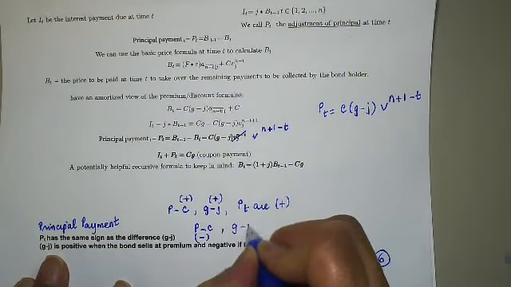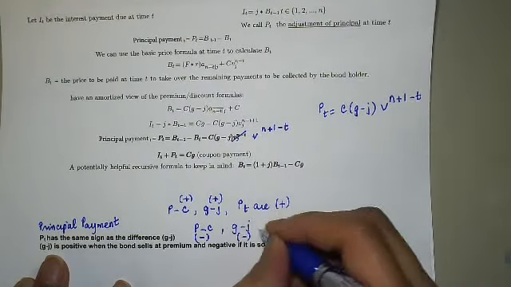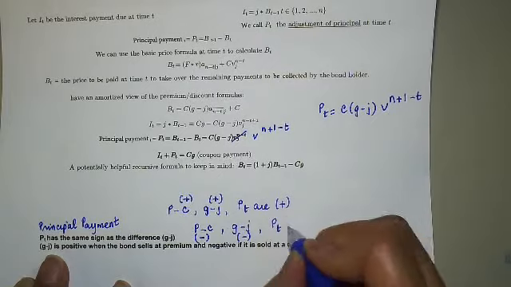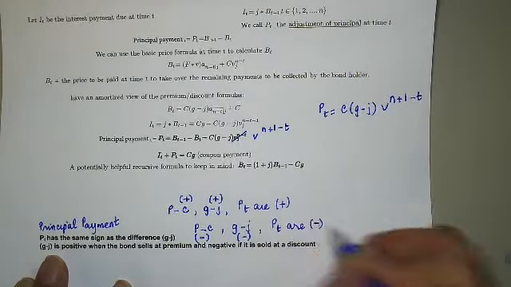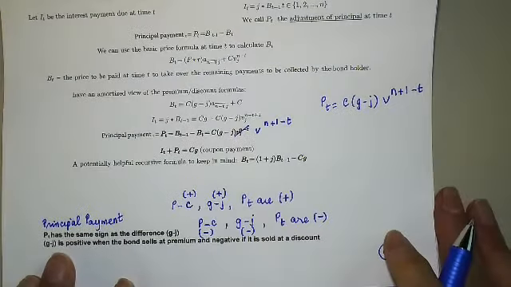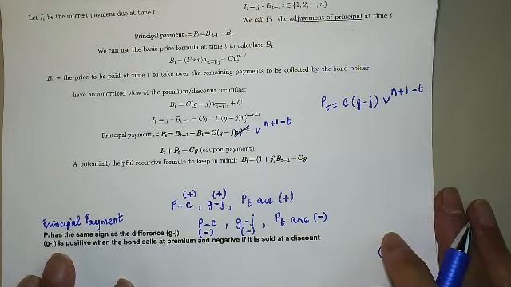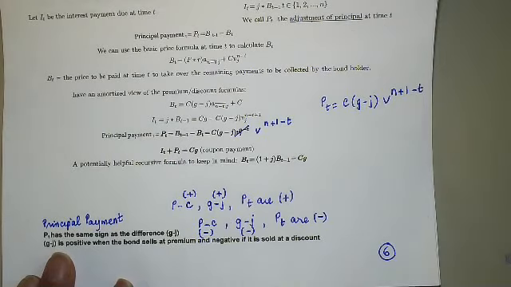When P minus C is positive, it's called a premium bond. So when P minus C is positive, g minus j is positive, and P of t are positive. When P minus C is negative, g minus j is negative, and so are the P of t.